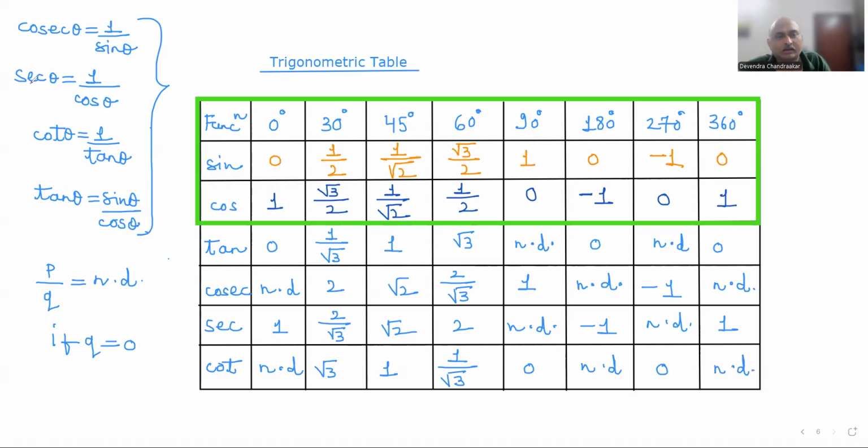This is the trigonometric table, which you can partially memorize using the standard triangles, and the rest, 90, 180, 270, 360 and 0, you can memorize with this table. If you are able to memorize the first two rows, sine and cos, your life in trigonometry will be very easy.